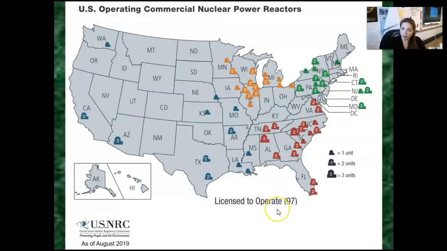And here is a map with all of the operating nuclear reactors in the United States. You'll see this is as of August 2019. There's quite a few of them. I'm happy to see that. I really like it.